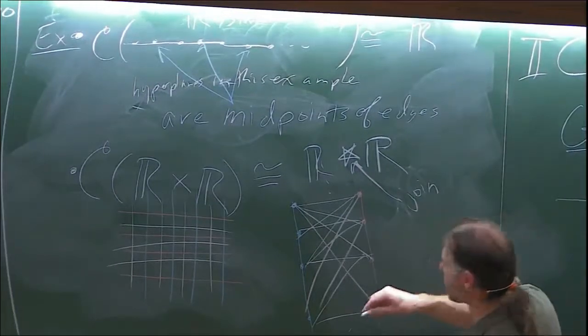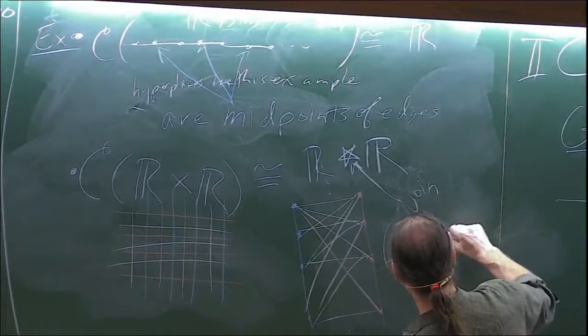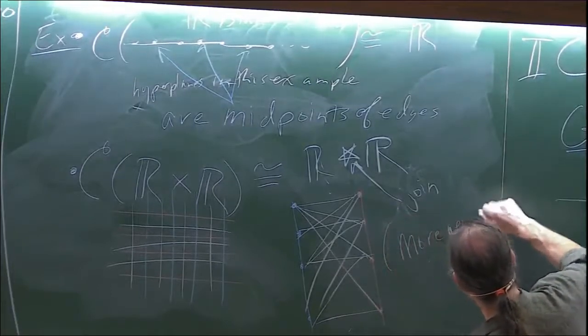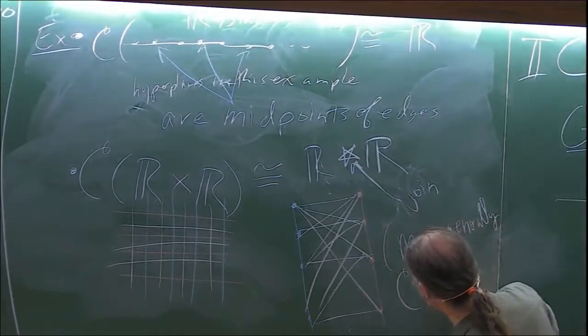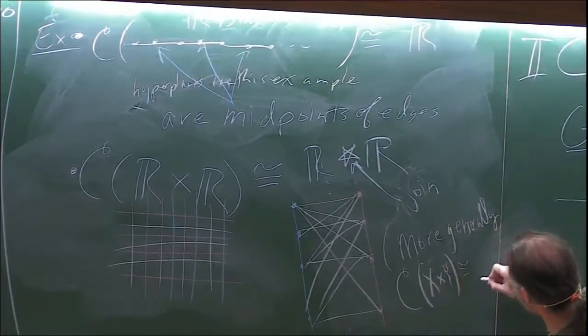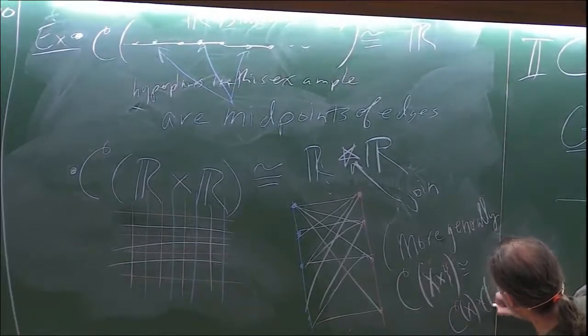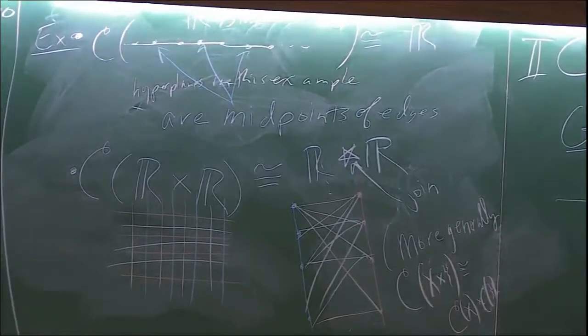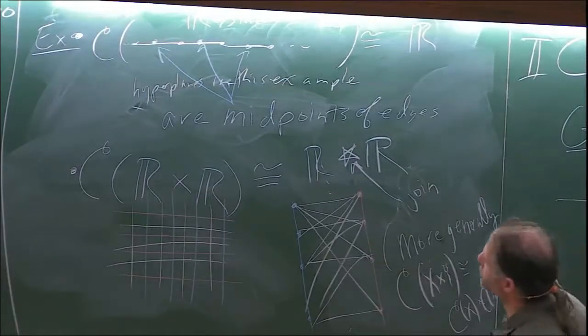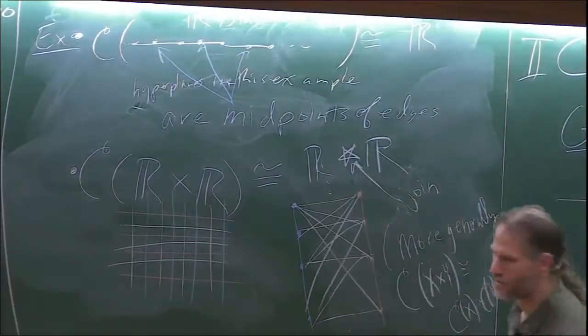And this was a totally general construction, so more generally, the contact graph of X cross Y is isomorphic to the join of the contact graph of X and the contact graph of Y. Okay, so one thing to note, this was infinite diameter, and this now has diameter 2.